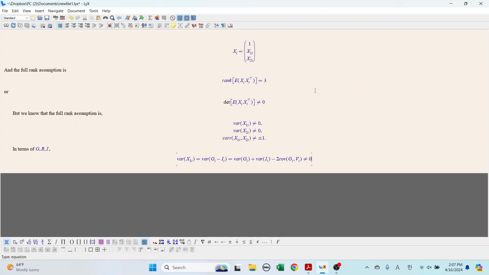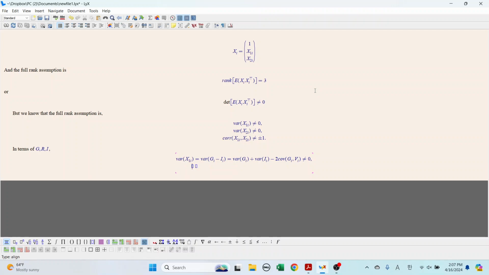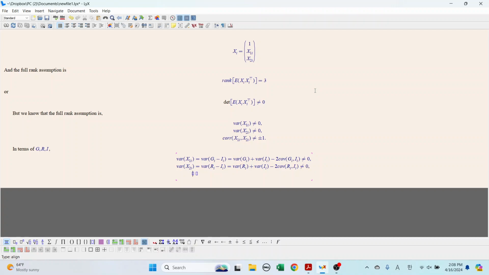This is the condition. The second assumption is that the variance of x2, which is the variance of R, is not 0.